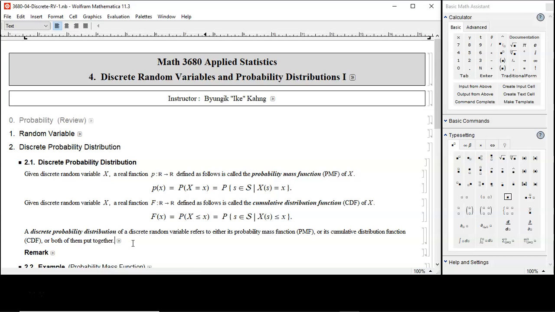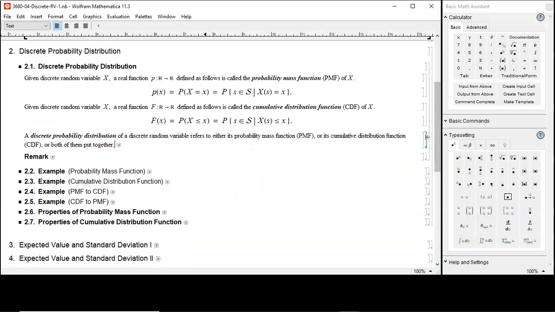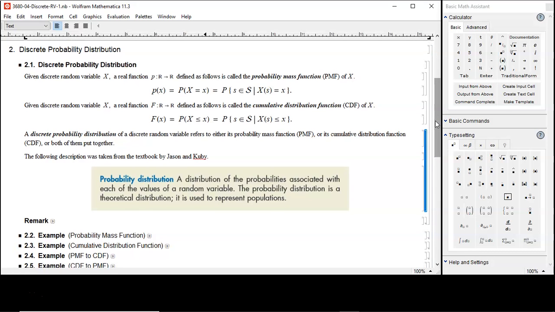Our textbook author does not really make an effort to explain what this is. And if you go to some internet source and try to find out what a distribution is, you're going to encounter something really intimidating. So I'll just leave it at that. Instead, let me show you something just for fun. This is an attempt in a textbook written by Jason and Kubi.